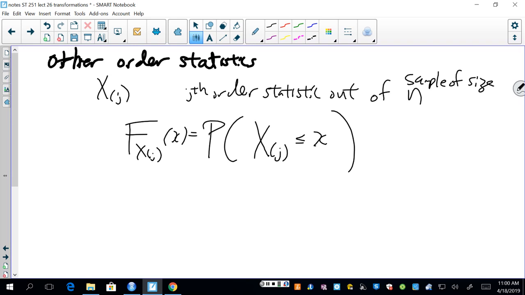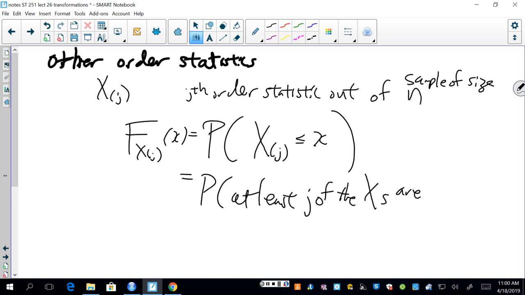You're going to put them all in order, and the jth one is going to be smaller than some cutoff. So it's going to mean that at least j of the x's are less than or equal to x.